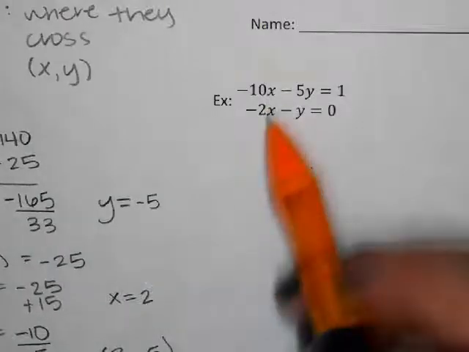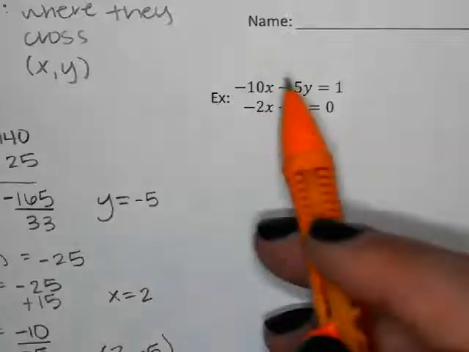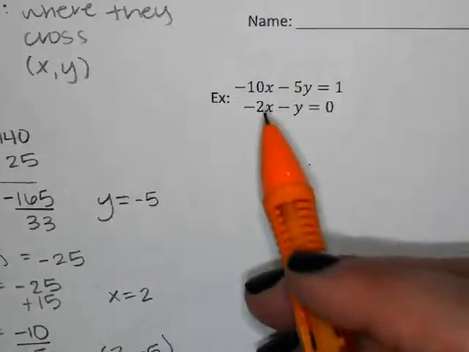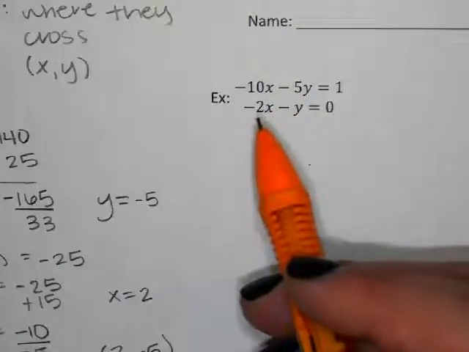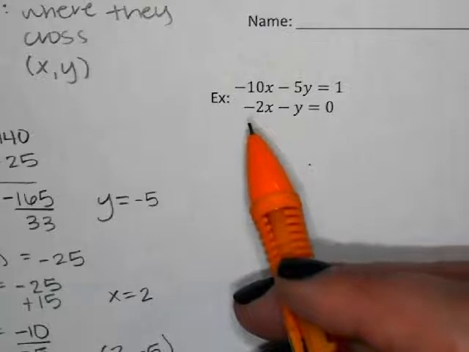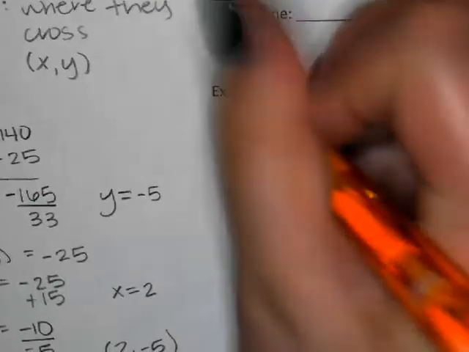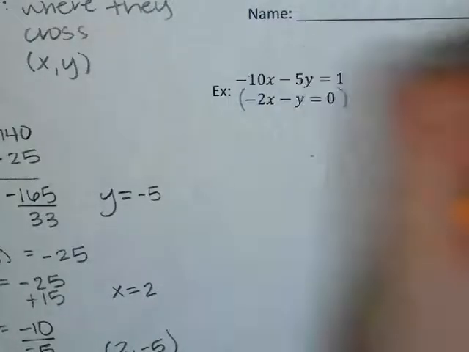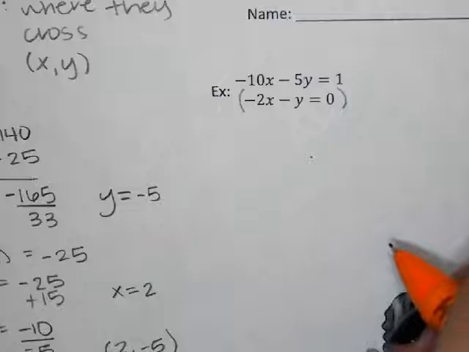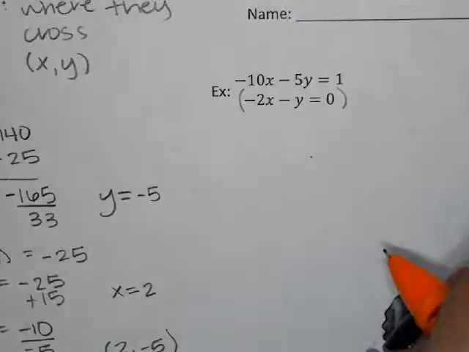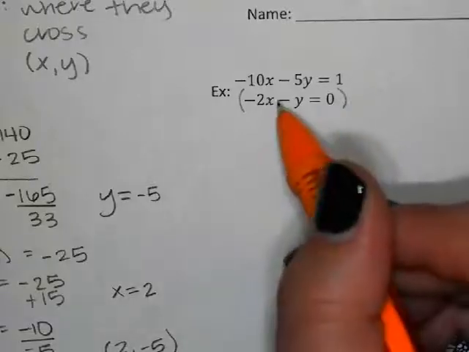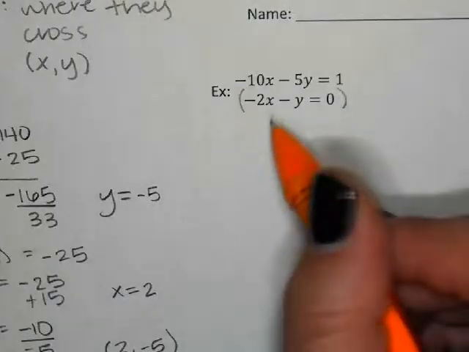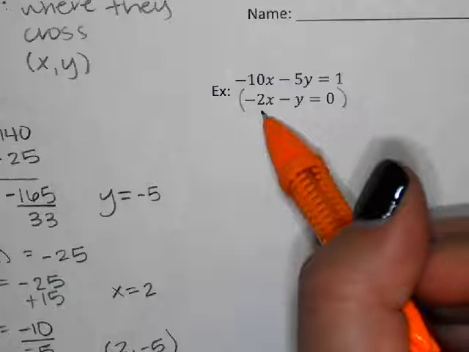Bottom, it's going to be easier to make the 2 bigger than it is going to be to make the 10 smaller. Okay, so we're going to multiply the bottom line by something. So how are you going to find a number that could cancel out a negative 10? What would cancel out a negative 10? A positive 10. Okay, a positive 10 would cancel out a negative 10. So how are we going to make this a positive 10? We're going to need a negative 5 there. Okay, so we're going to take a negative 5, we're going to distribute it throughout the whole problem.